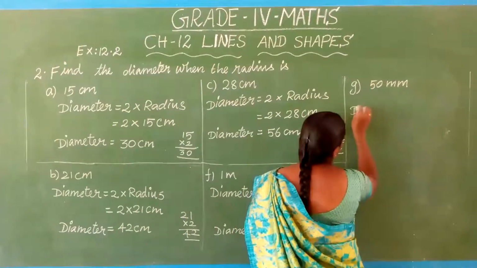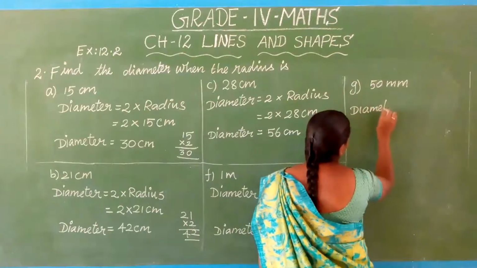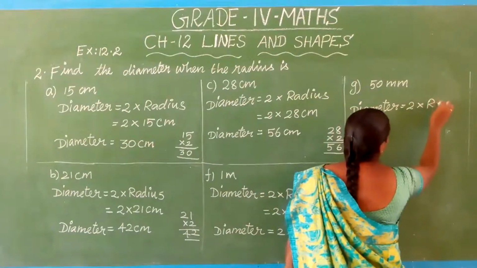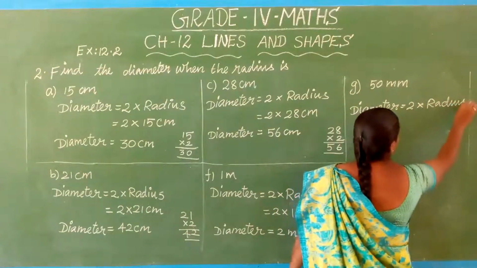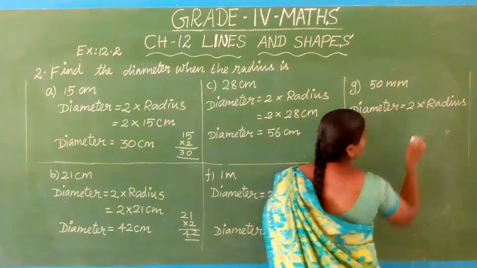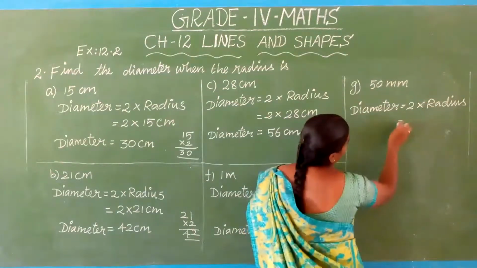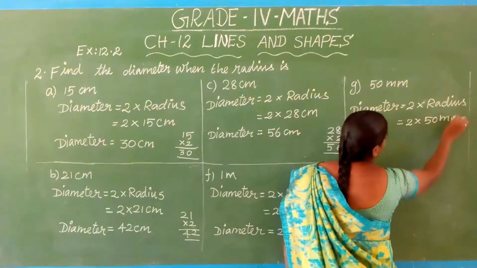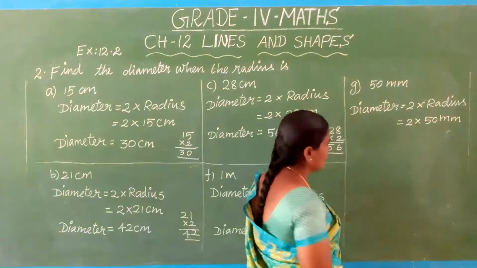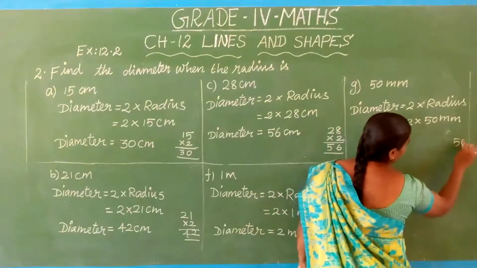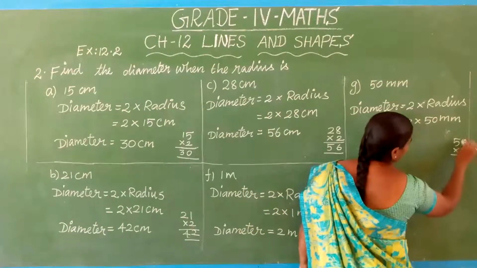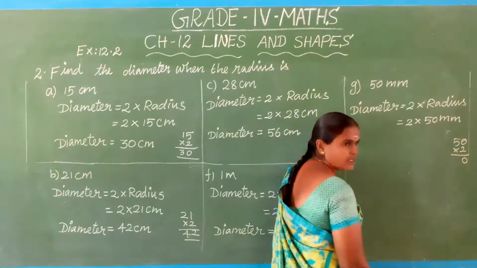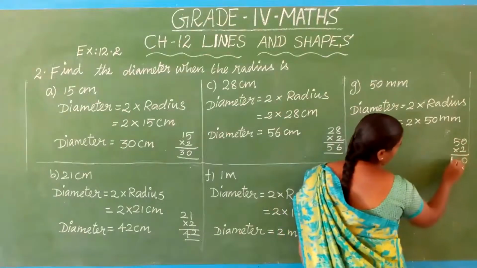Next is G question. 50 millimeter. So diameter equal to 2 into radius. Here the radius is 50 millimeter. So 2 into 50 millimeter. Now multiply. 50 multiplied by 2. 0 twos are 0. 2 fives are 10.